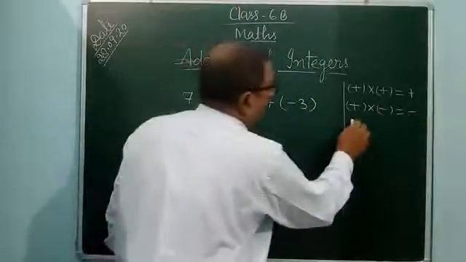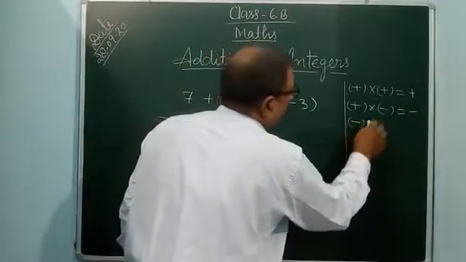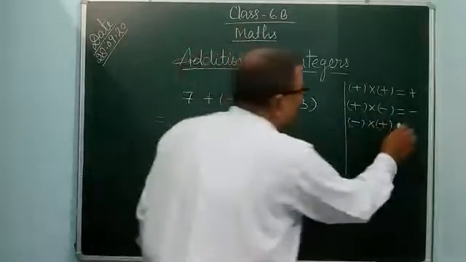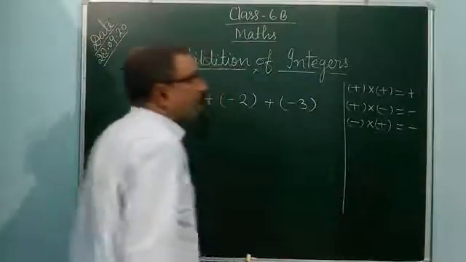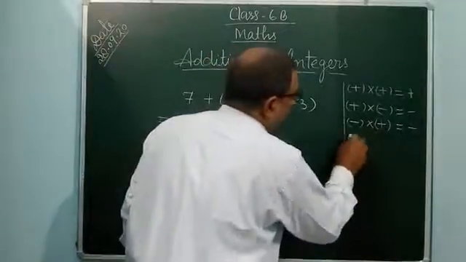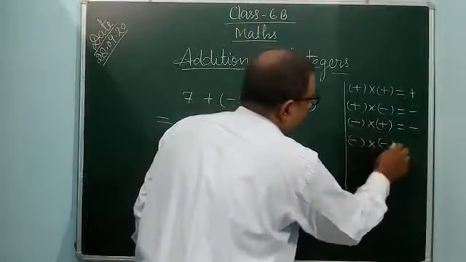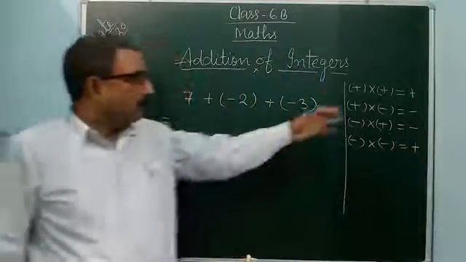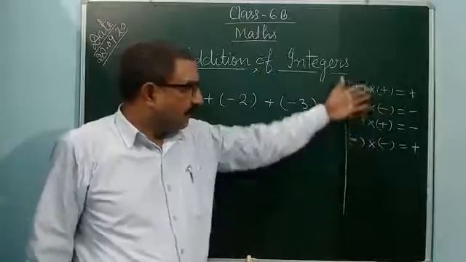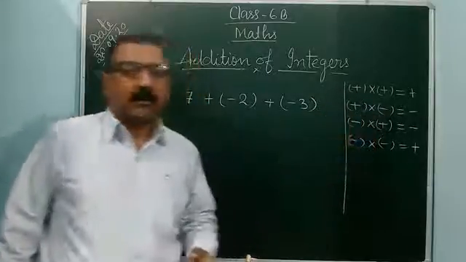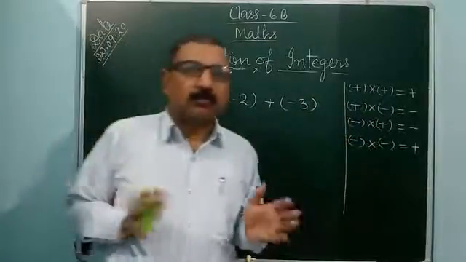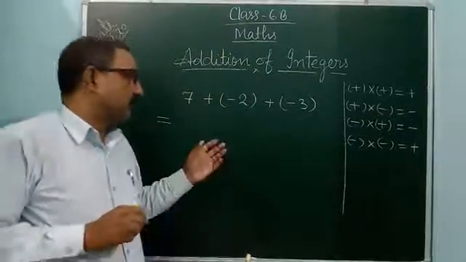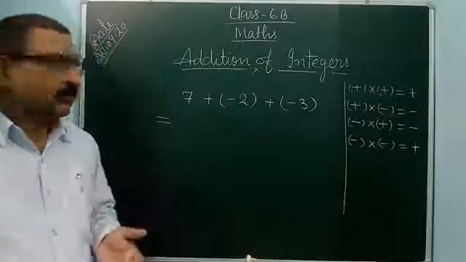If you multiply minus by plus, the result will also be minus. And if you multiply minus with minus, the result will be positive. So this is the particular multiplication of symbols, and you have to use these symbols in addition or subtraction of integers.